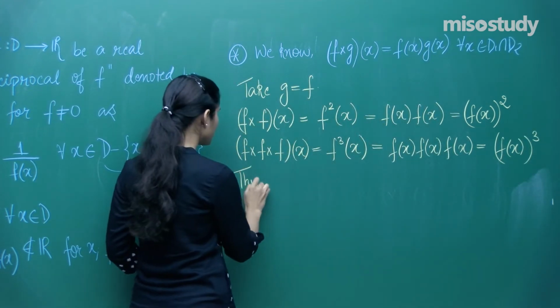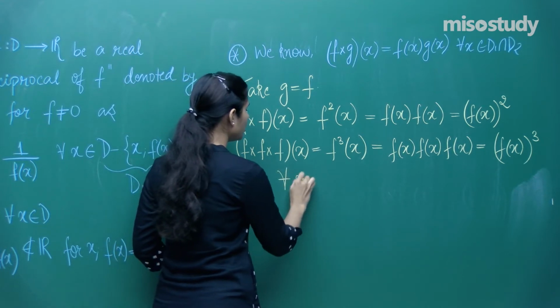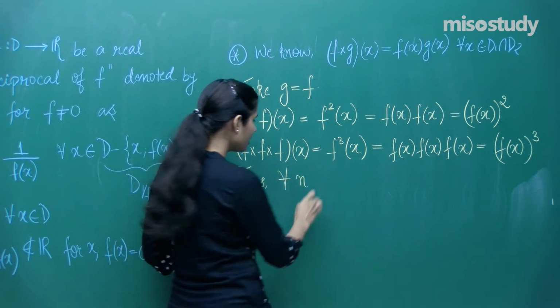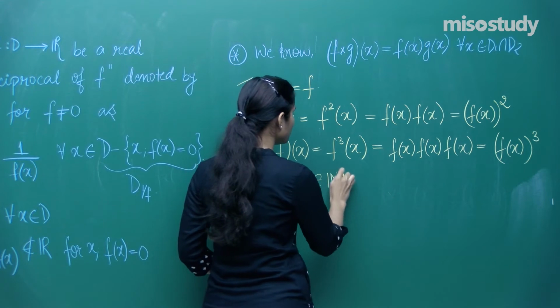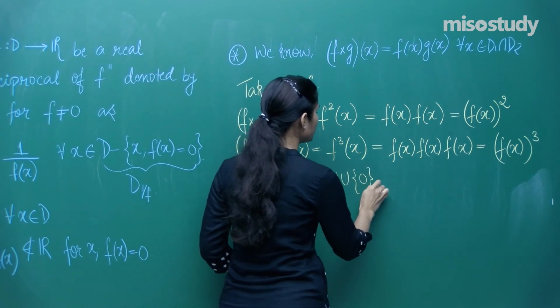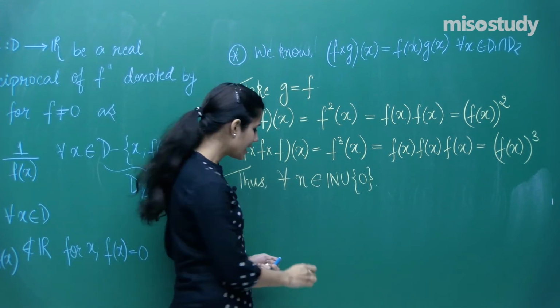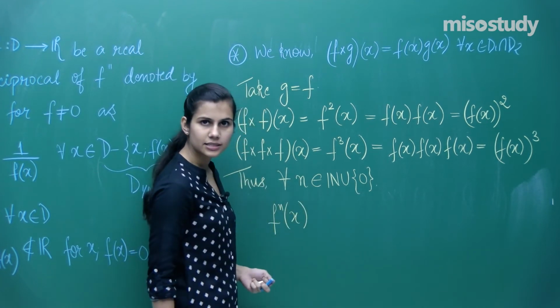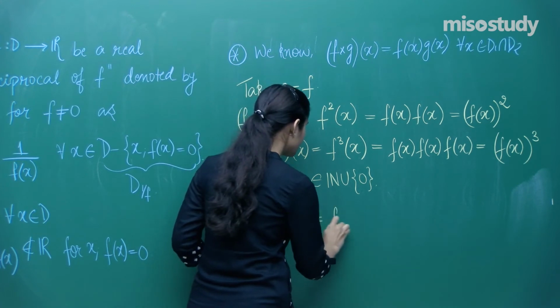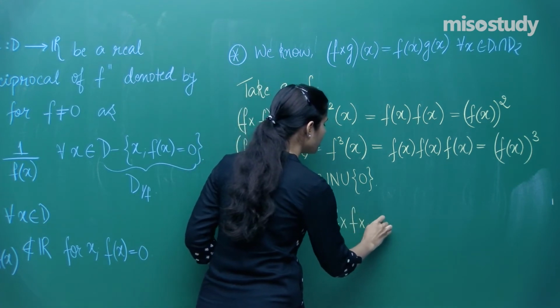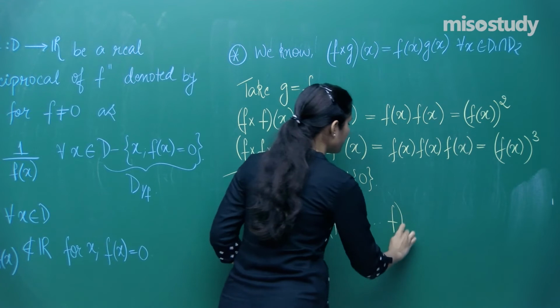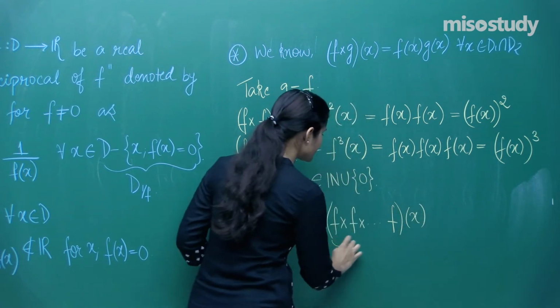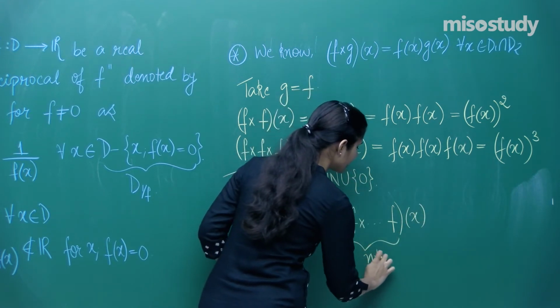Thus, for every n belonging to this particular set, I can have f^n of x, which is nothing but f into f, that means the product of f taken with itself n times.